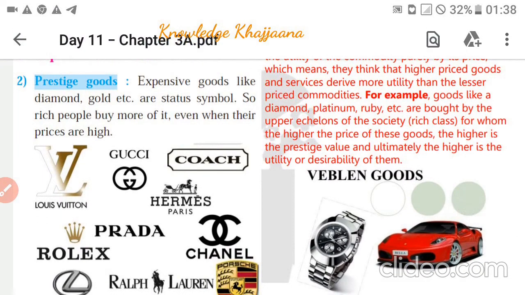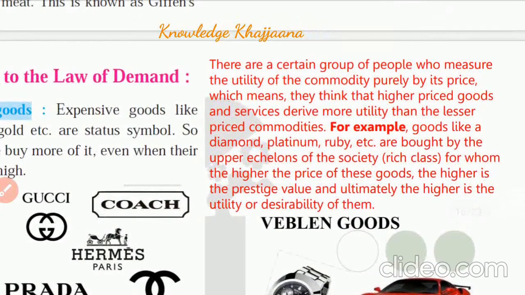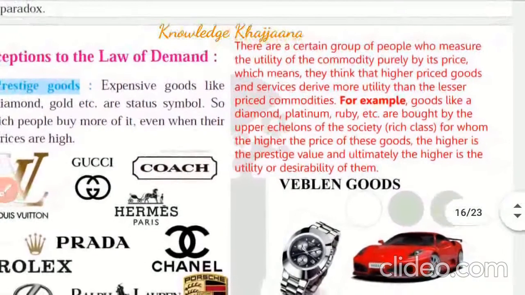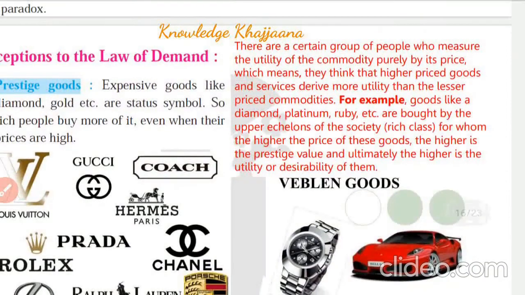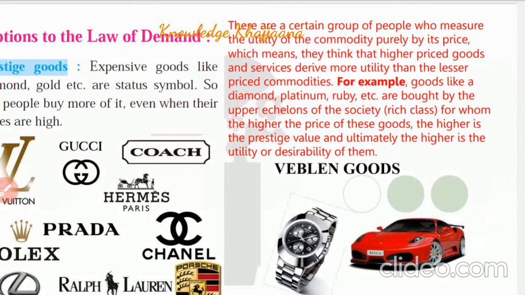a prestige thing. See, there are certain groups of people who measure the utility of a commodity purely by its price. The costlier it is, the more their prestige. As costly a product they purchase, they think that their prestige increases. They think that higher price goods and services derive more utility than the lesser price commodities.